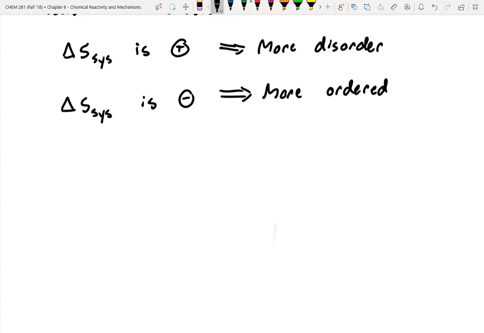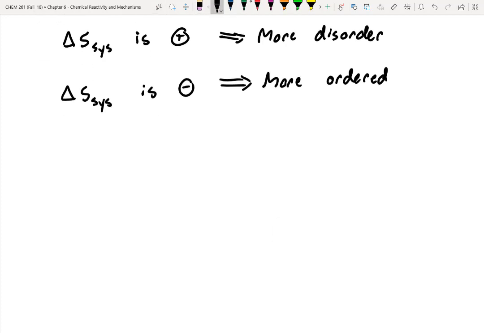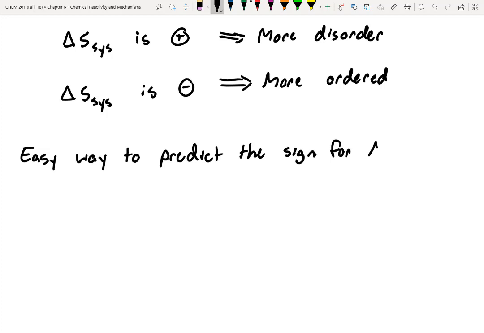All right, so let's come up with an easy way of predicting the sign for delta S of the system.